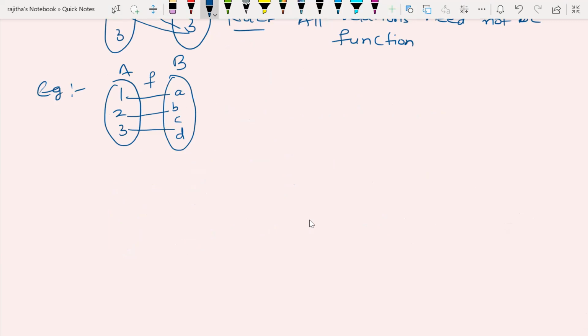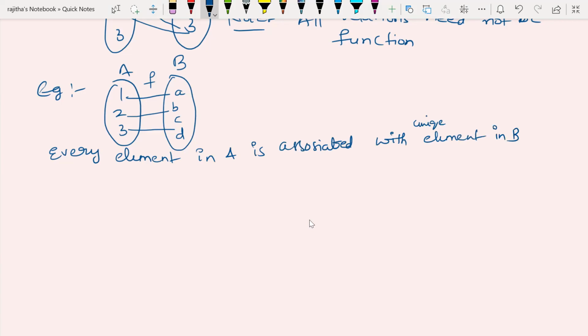Every element in A is associated with a unique element in B. Yes, so F is a function. F is equal to {(1,a), (2,b), (3,d)}.